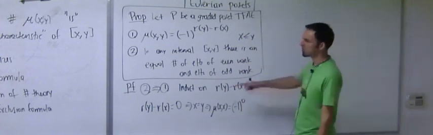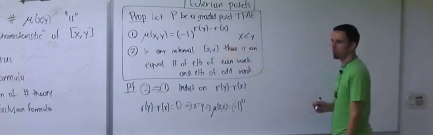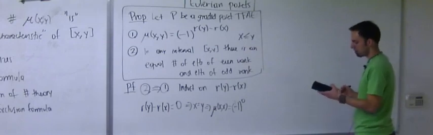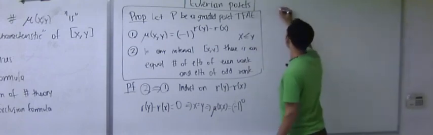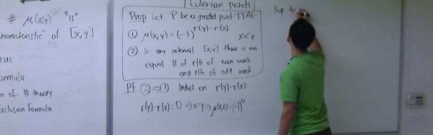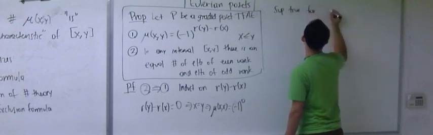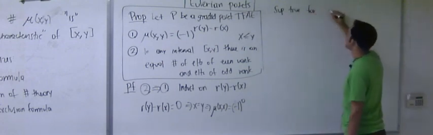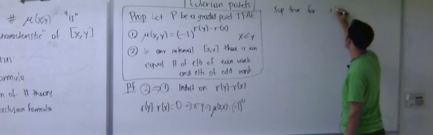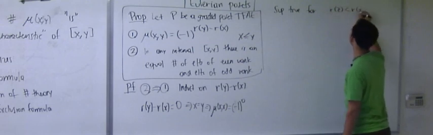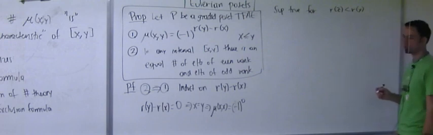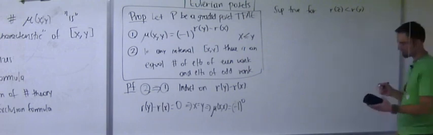Which is good for the initial case. And now we induct. So now suppose it is true for rank of z less than rank of y, and let's prove it for y.